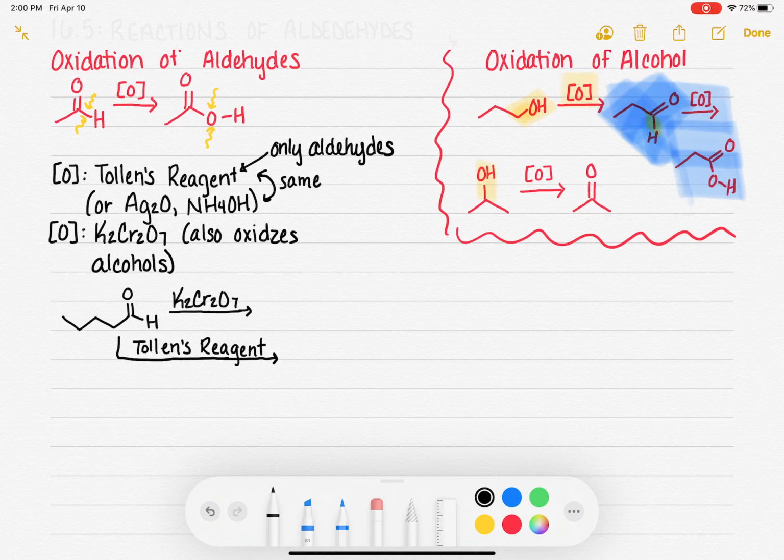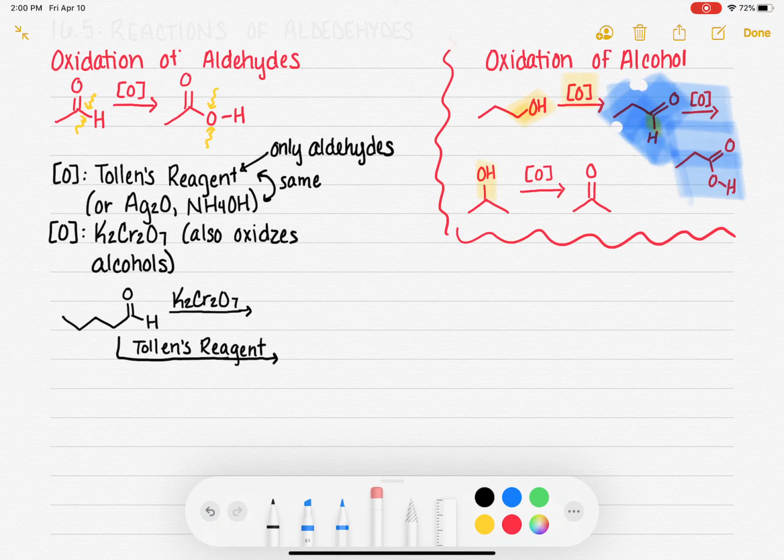So when we're trying to predict the products of oxidation, the first thing that we should look for is a carbon-oxygen single bond. If we have a carbon-oxygen single bond, we're going to want to convert that to a carbon-oxygen double bond.